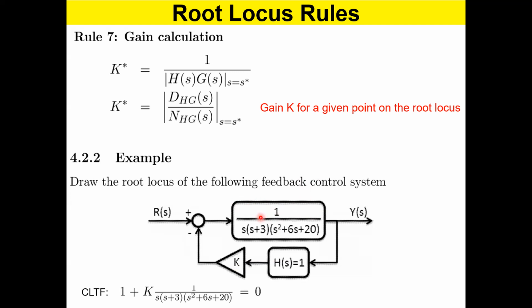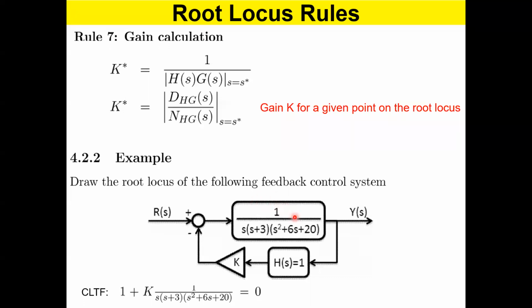So if you have open loop poles, say 5 of them, and open loop zeros, 3 of them, then 3 of these open loop poles, after traveling through the root locus, end up at the zeros when k equals infinity. The other poles, n minus m, the remaining poles, will go to infinity.